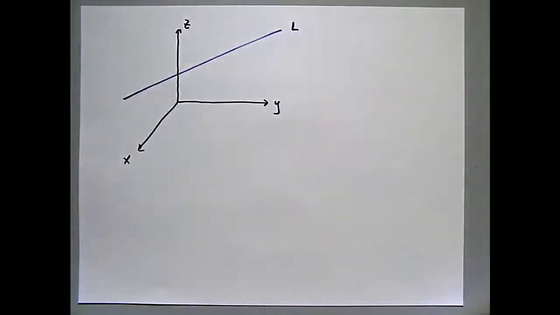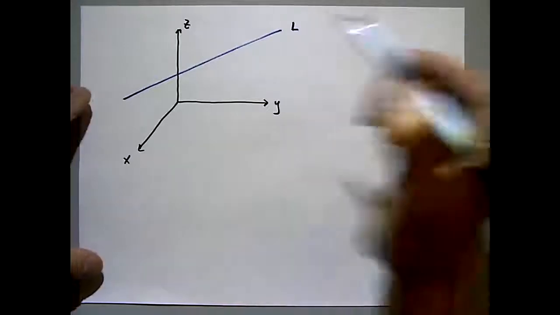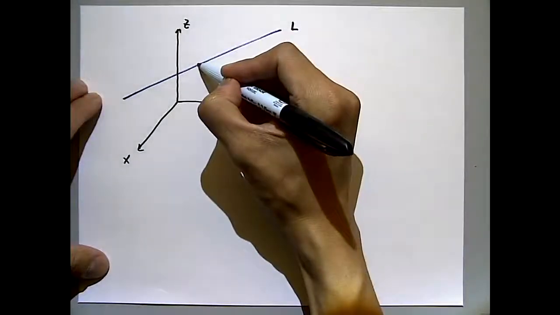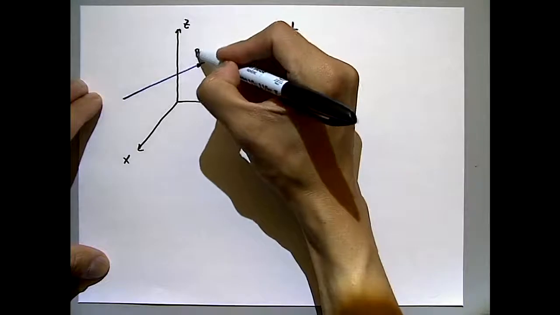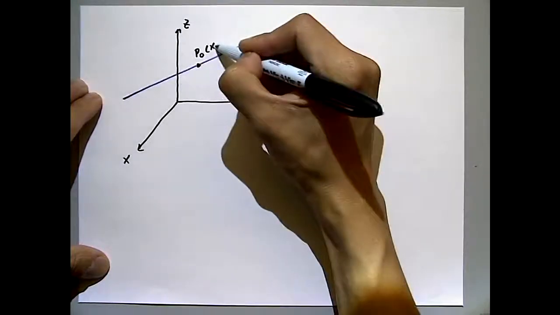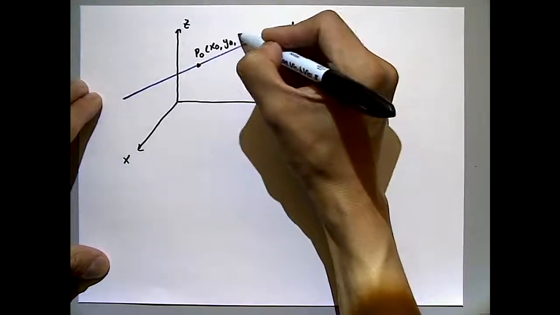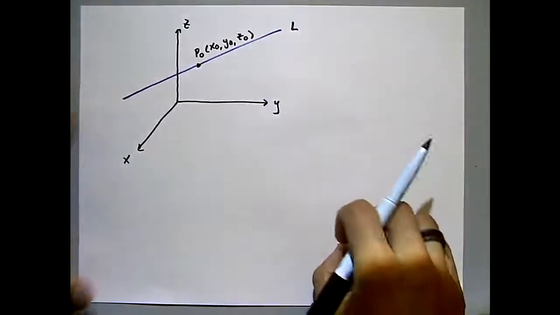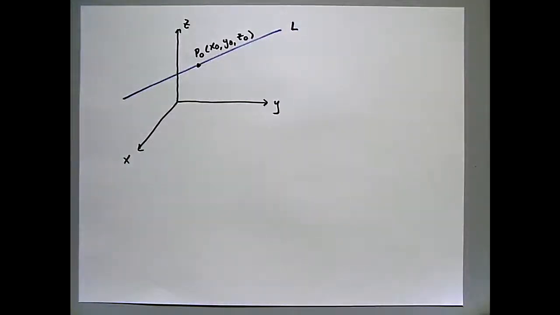Let's call that line L. Now suppose I know one point this line has, say right here. We'll call that P sub 0. And its coordinates are x0, y0, z0, whatever they are. These are numbers that in principle we would know, right? 1, 2, 3, 2, 3, 1, whatever.